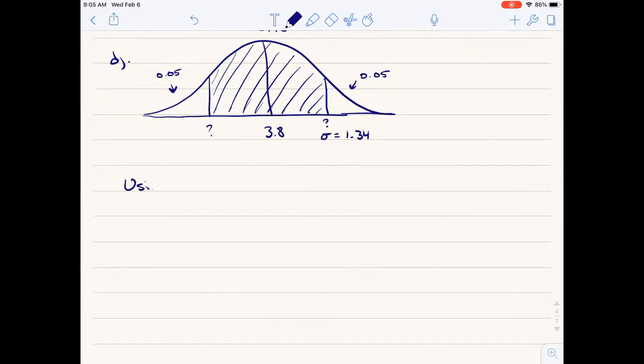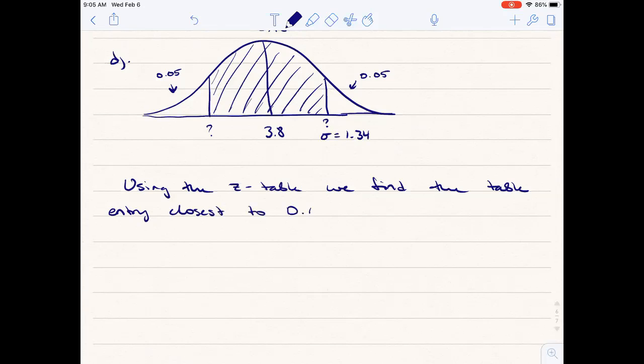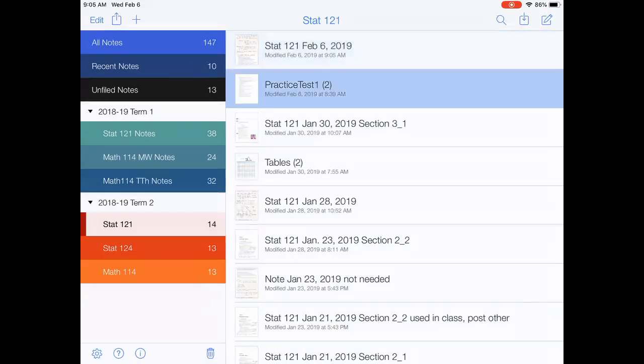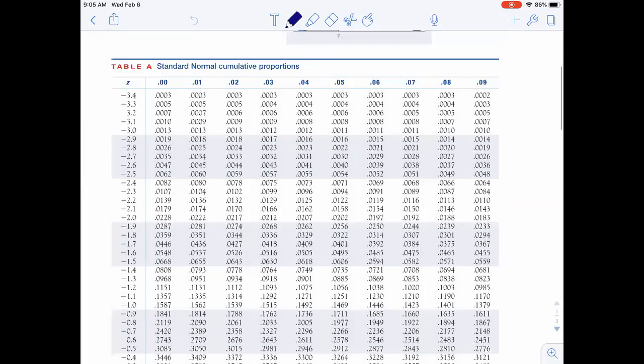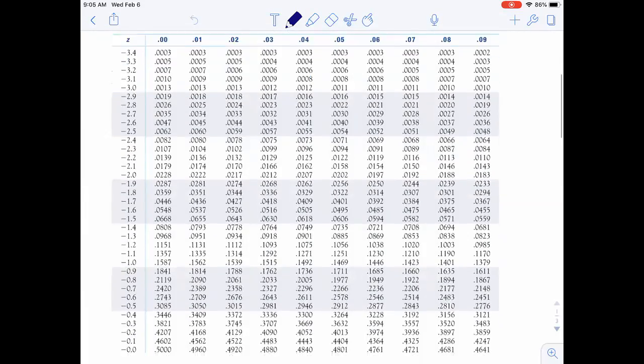So using the Z table, we find the table entry closest to 0.05.